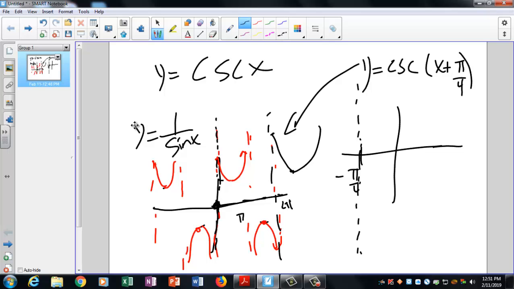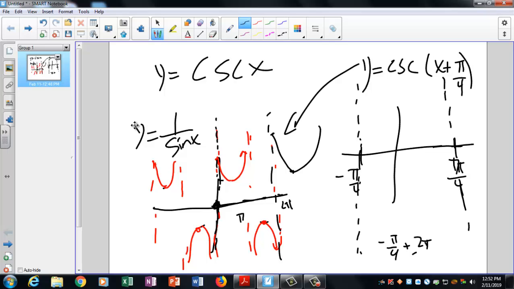How far is that? From negative pi over 4 plus 2 pi, that is 7 pi over 4. Do we agree?